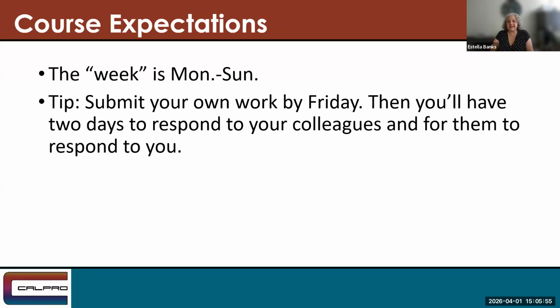So our course expectations, because this is a facilitated online course, a lot of the work that you'll be doing will be in the Moodle. So the week is Monday through Sunday. We start on Monday, we end on Sunday. So you want to be sure to submit your work by Friday. Then you'll have a couple of days to respond to your colleagues and for them to respond to you.